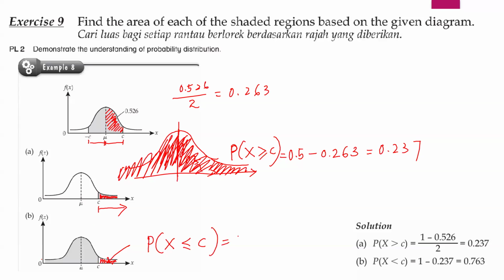Less than C is 1 minus X greater than C. Okay, so greater or equal to C is the same as greater than C because it's continuous. So 1 minus 0.237, then I get the answer.